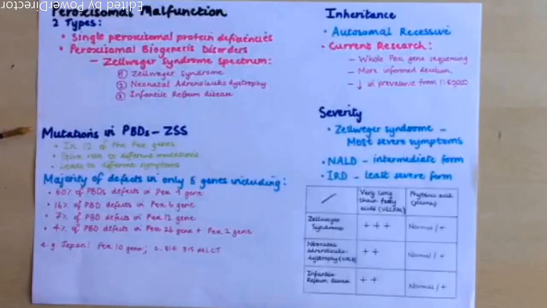Mutations in peroxisomal biogenesis disorders can vary. When peroxins involved in peroxisomal biogenesis are mutated, correct synthesis and function of the peroxisome is disrupted.